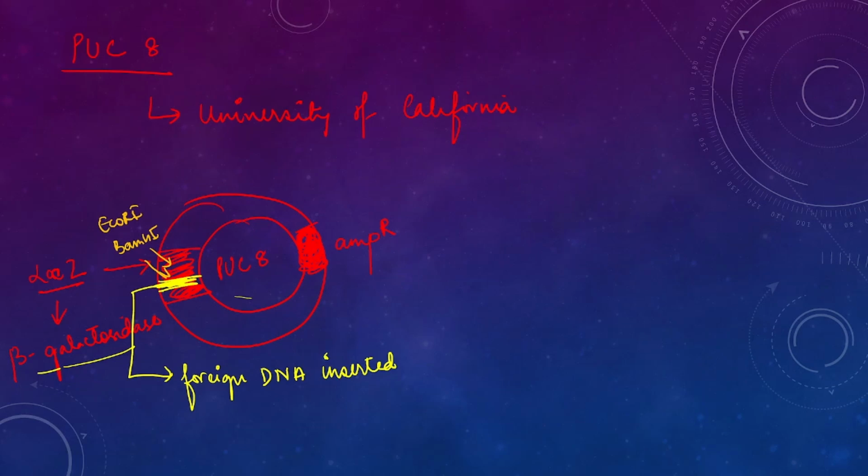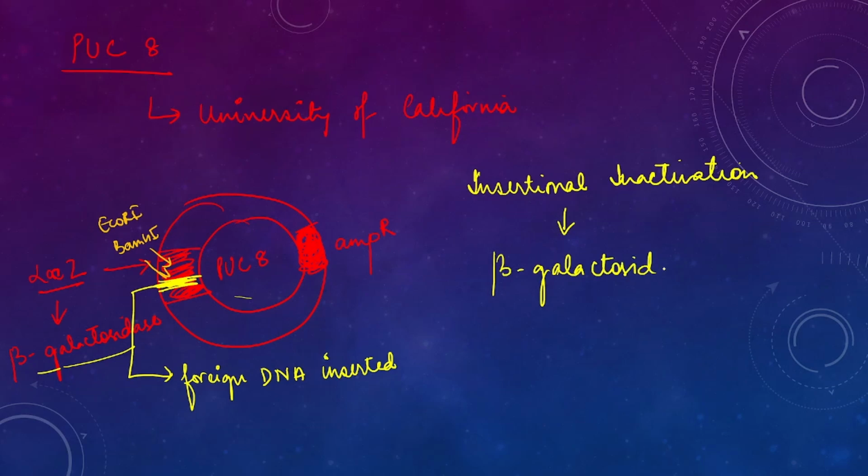So this process by which, after addition of foreign DNA, the normal gene gets inactivated, we call insertional inactivation. So what is happening in insertional inactivation? We have taken a gene known as lacZ that produces beta-galactosidase.